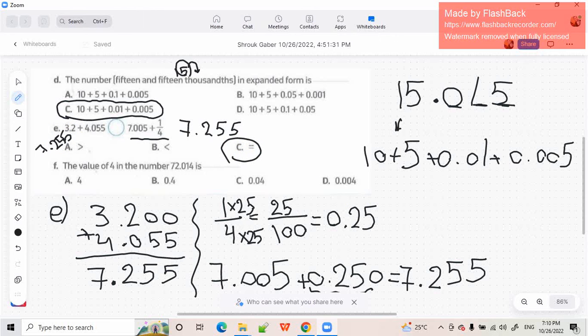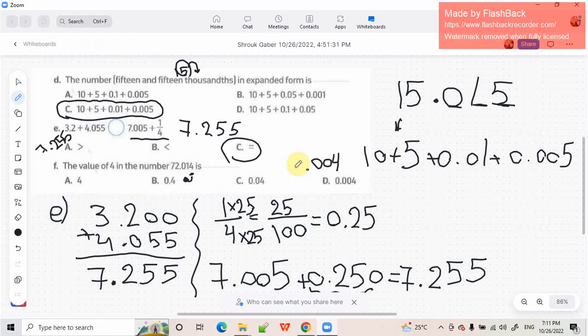Okay, now question number F. He wanted to know the value of digit 4 in the number 72 and 14 thousandths. Put a line under 4. Okay, 4 is in which place? In the thousandths place. Look at the digits before digit 4. We have 2 digits, so I will put 2 zeros and bring down the 4.